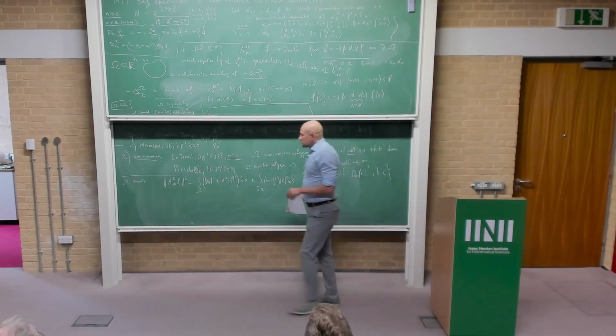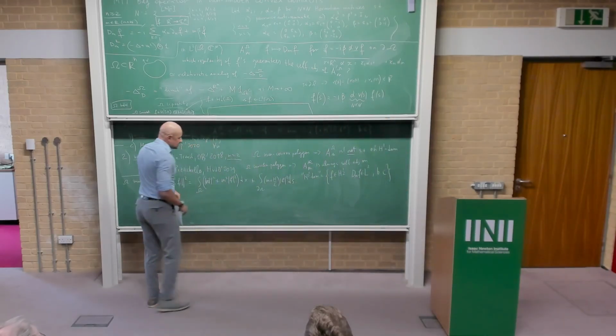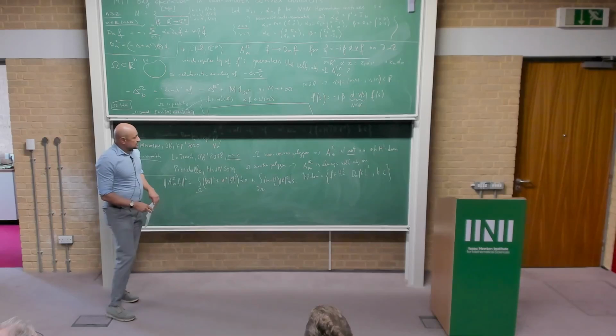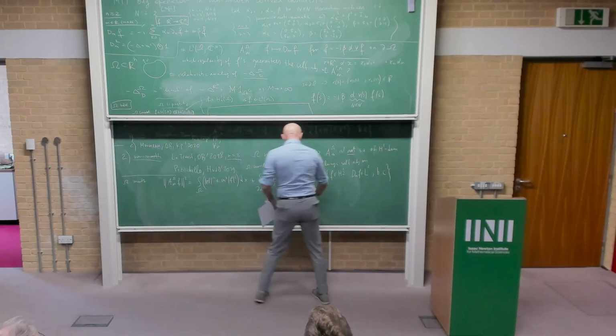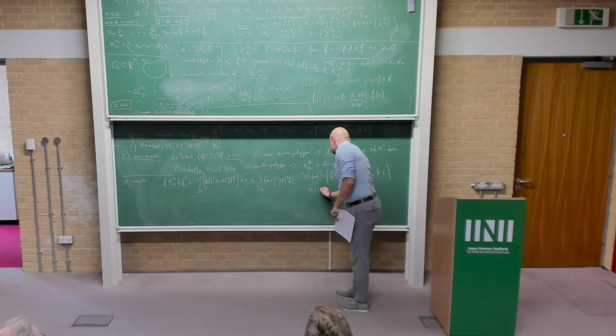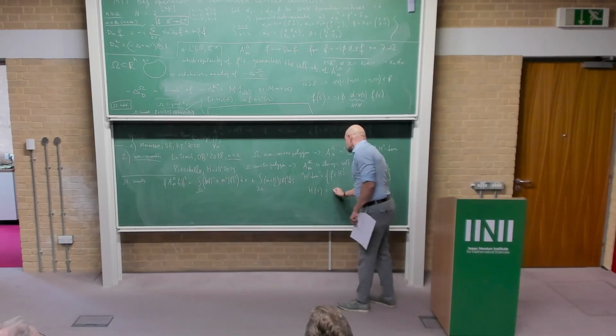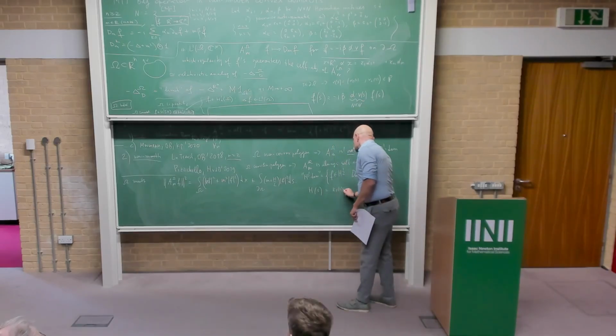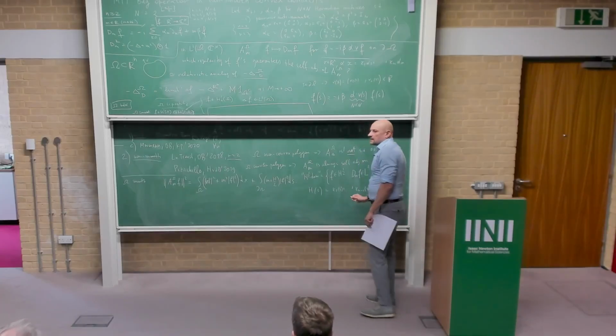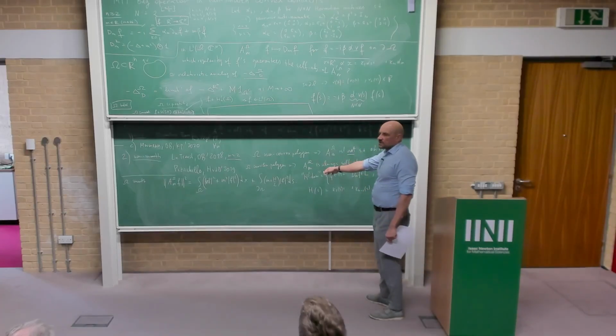So it looks quite nice. Capital H is the mean curvature, defined as the sum of the principal curvatures, assuming that it's non-negative if you are convex.